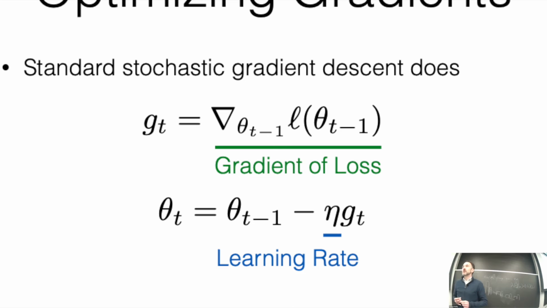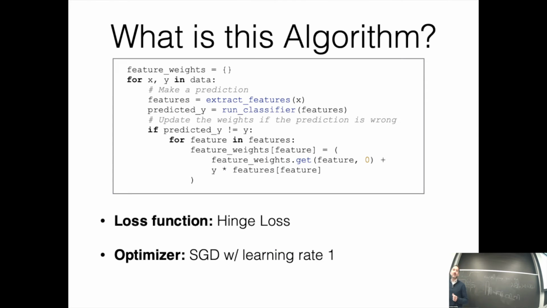So my question now is, what is this algorithm? It's an algorithm that has a loss function, it's calculating derivatives, and it's optimizing gradients using stochastic gradient descent. So does anyone have a guess about what the loss function is here, and maybe what is the learning rate of stochastic gradient descent?